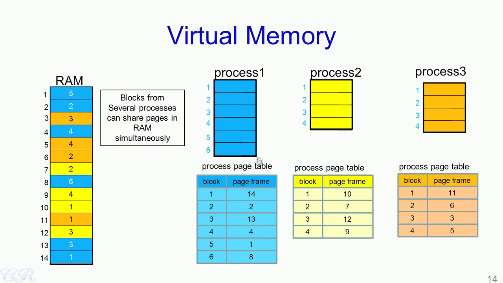For instance, process 1 has a mapping of all the blue page frames in this particular RAM, while process 2 has all the yellow page frames, and process 3 has all the orange page frames. So, now what we can see is that we are capable of sharing the RAM with multiple processes simultaneously.